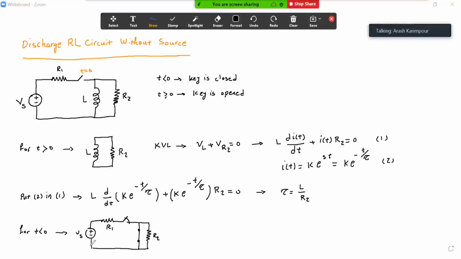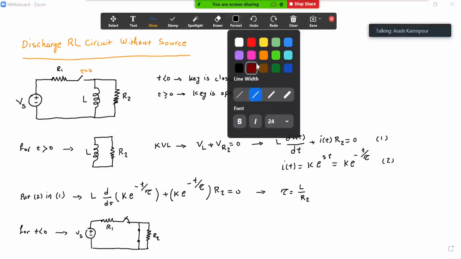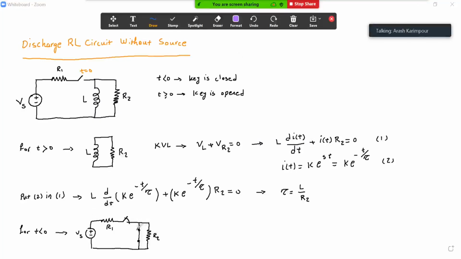So all the current goes through the short circuit, through the inductor. Nothing goes to the R2, so all the I goes here. So it's going to be a very simple circuit.